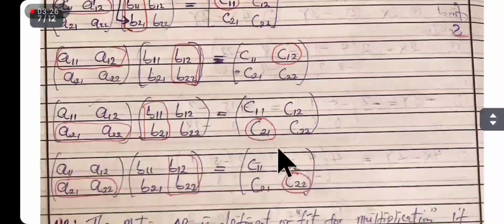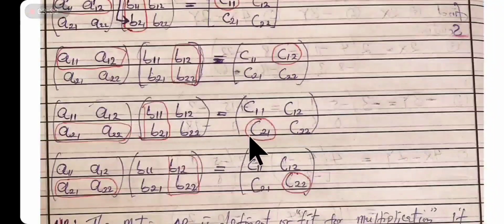So to get this third entry, C21, you discover that we have moved to the second row but first column. This one is in second row, first column. So from the first matrix, we are going to move to the second row, and then the second matrix is in the first column.